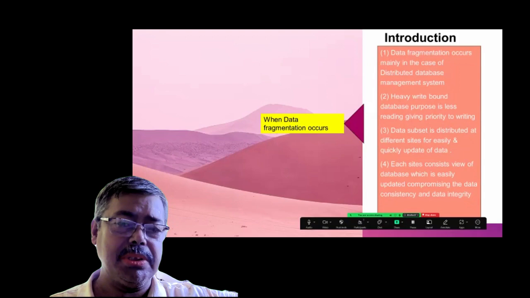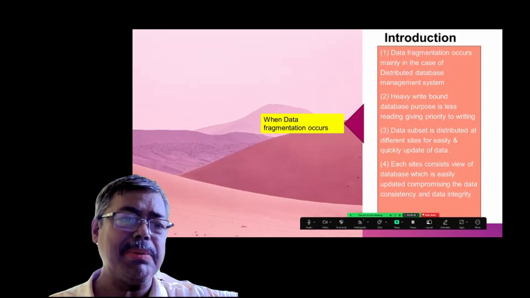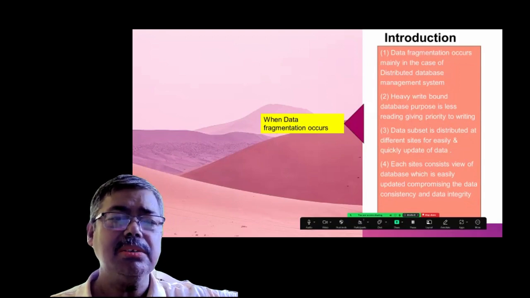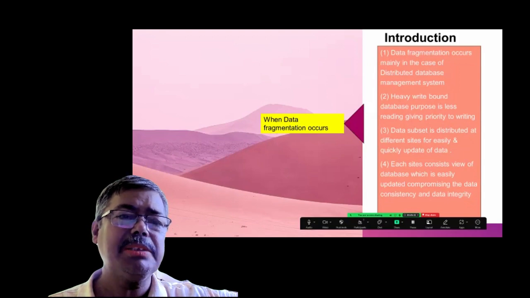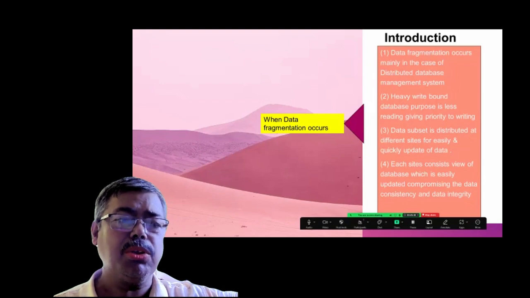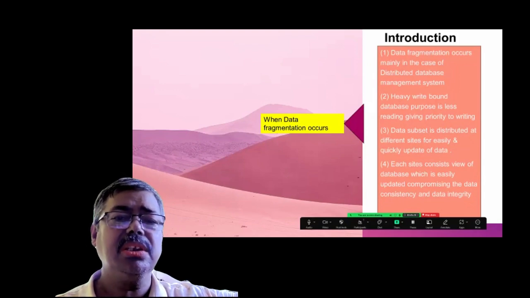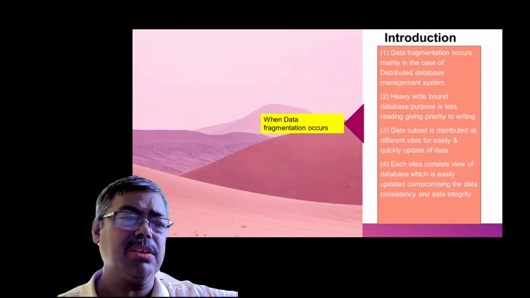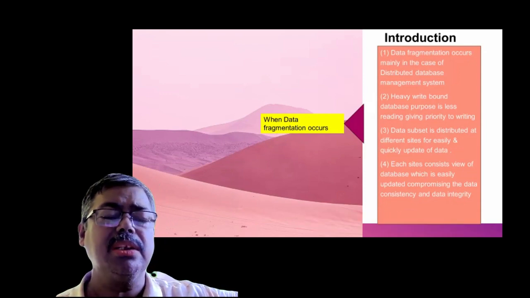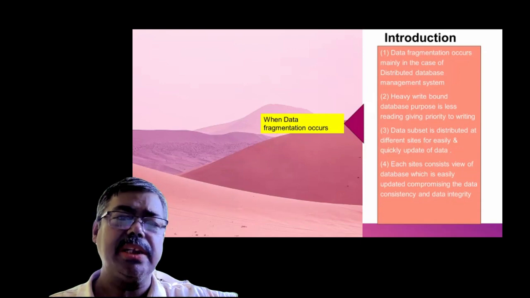For heavy write-down databases, data fragmentation is very easy and not a time consuming factor. A heavy write-down database is, for example, a shopping mall or other place where a huge number of consumers are waiting to purchase their goods.